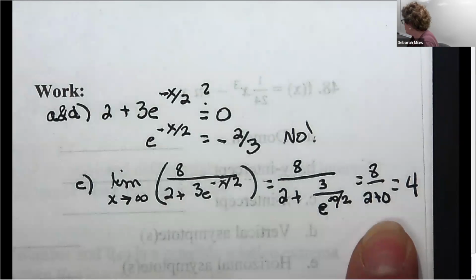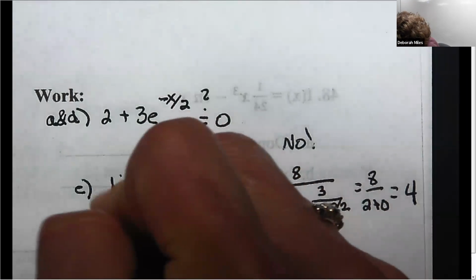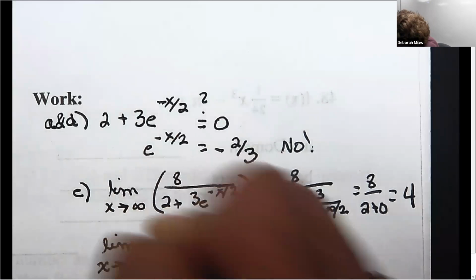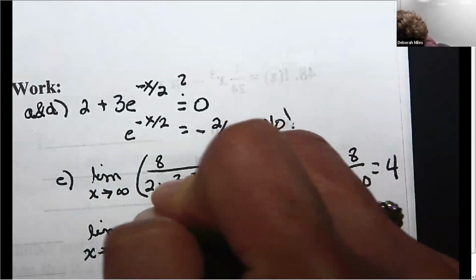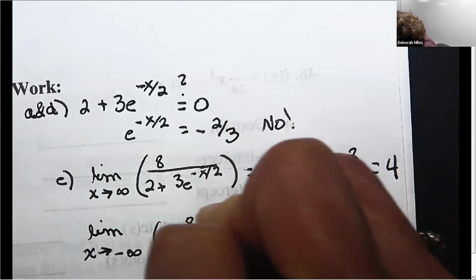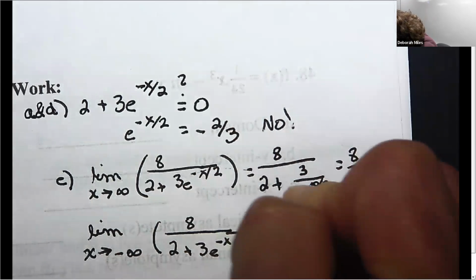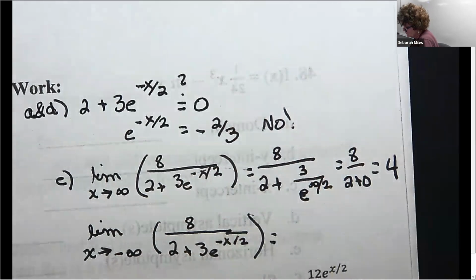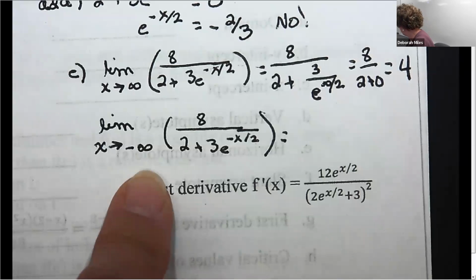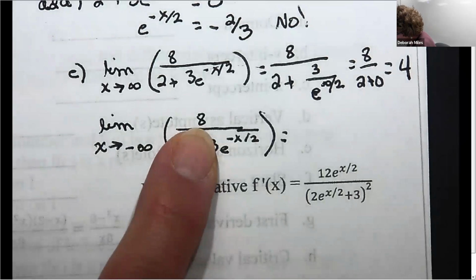Some graphs have 2 horizontal asymptotes. So we better check the limit as x goes to negative infinity. Let's see. If x is going to negative infinity, what is e to the negative x over 2 going to?